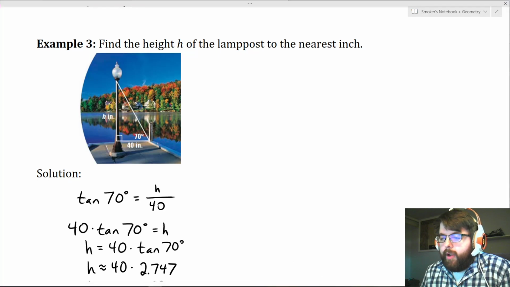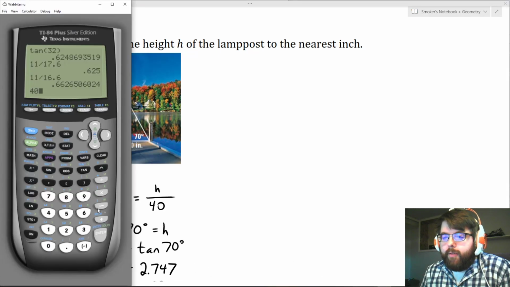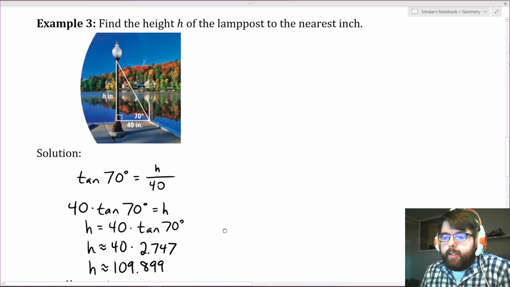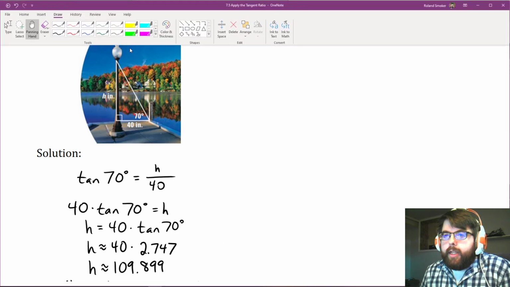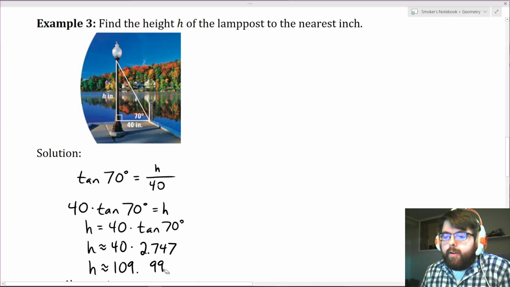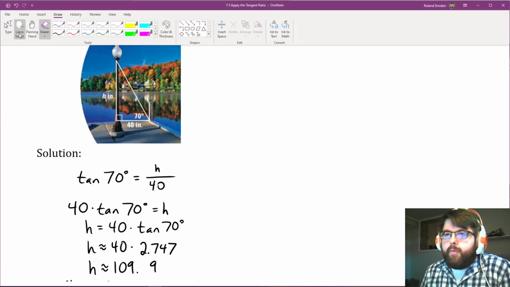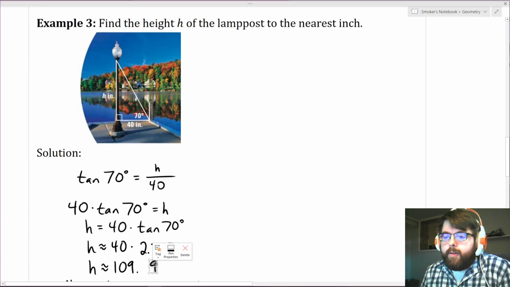On your graphing calculator, or your calculator, if you don't have a graphing calculator, that's fine, do 40 times 2.747, and we get 109.88, and 109.9 will suffice in this case, because one decimal place is fine for the answer.